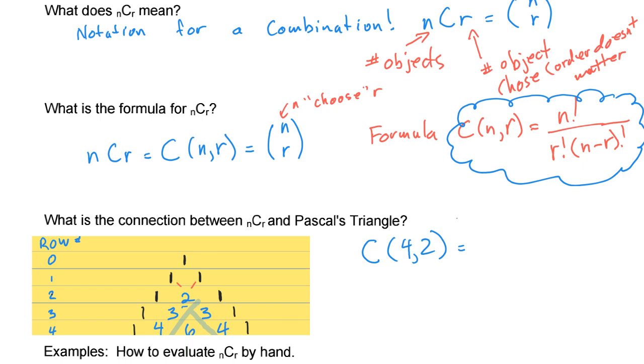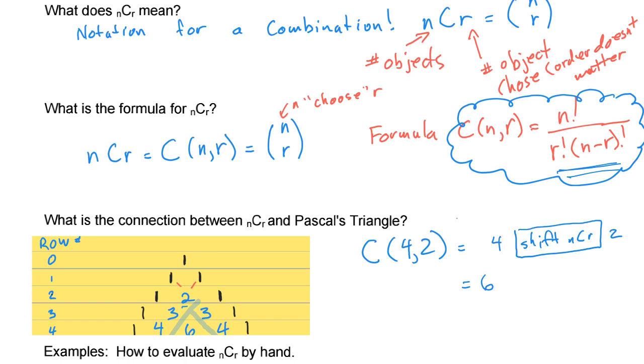You would punch in 4, then you would hit Shift, and then find the NCR button. So Shift, NCR, and then 2. And you're going to get the number 6. Okay? Now, if you're not comfortable with that, you could write it as you see here. Use that formula to write it out, and use the factorial button on your calculator.